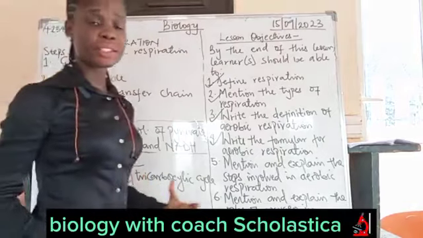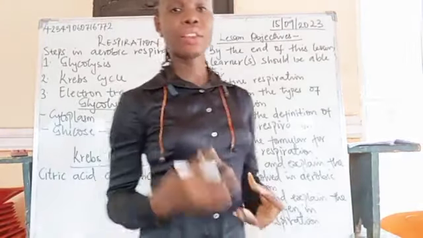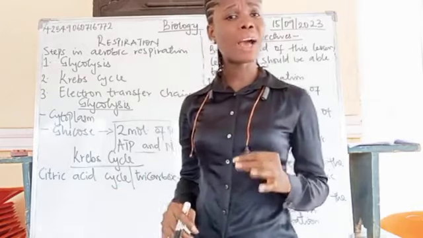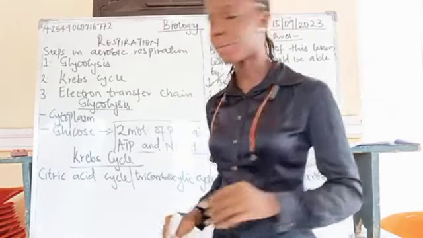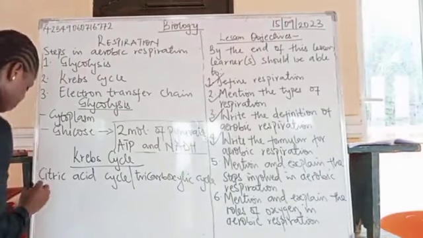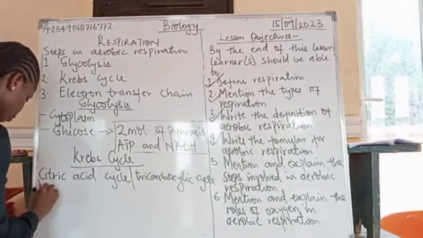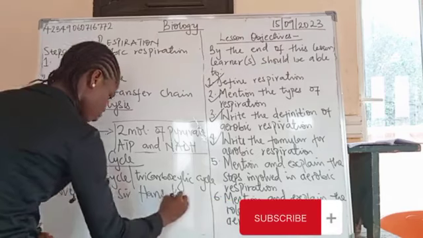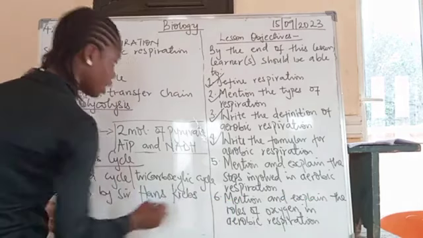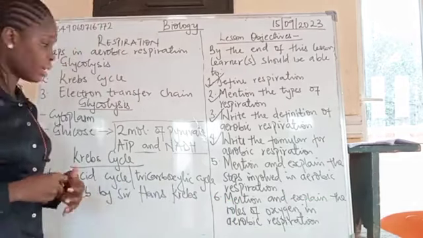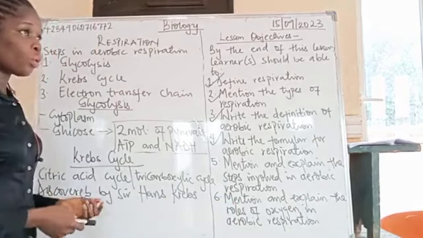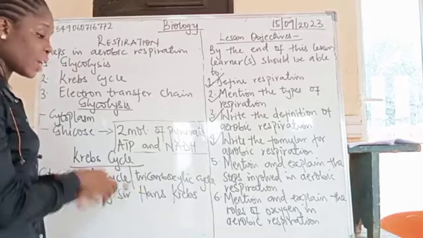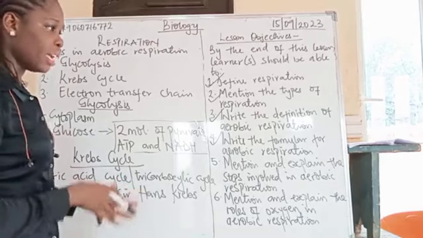The reactions that take place in the Krebs cycle were first discovered by a man called Sir Hans Krebs. This implies that the Krebs cycle was named after the man that discovered the reactions that take place in the Krebs cycle.